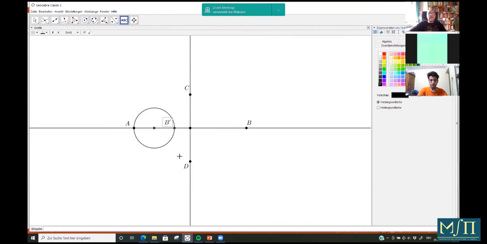Now we'll assume that we want to map this whole thing onto a line parallel to a line that passes through B. So I'll just choose a line through B to make this easy enough.